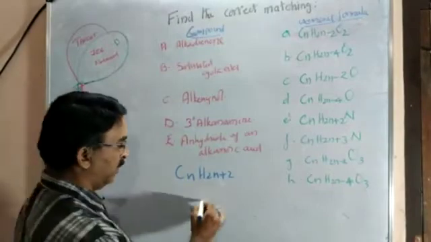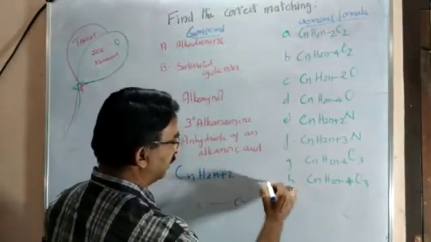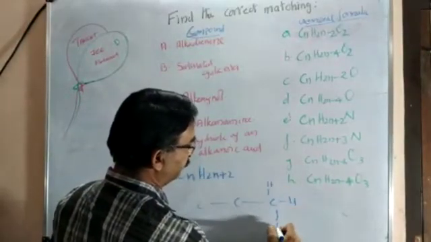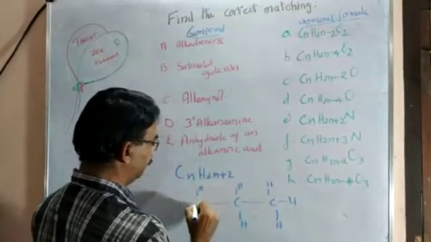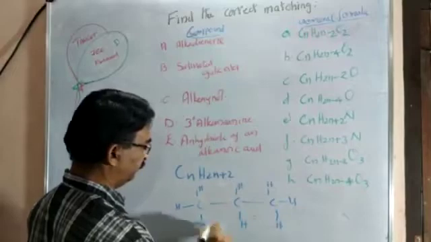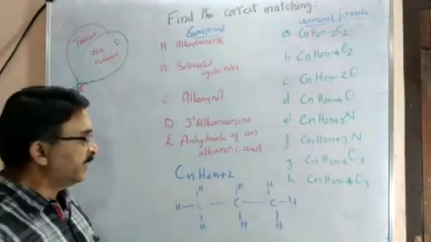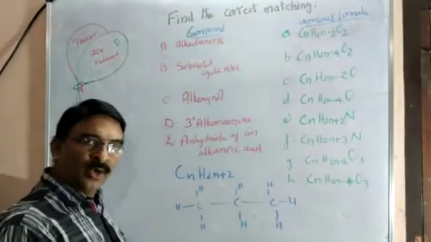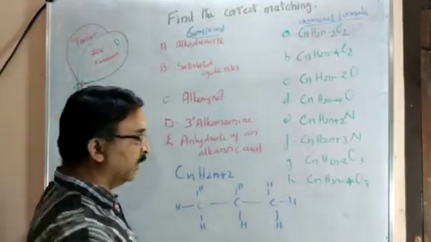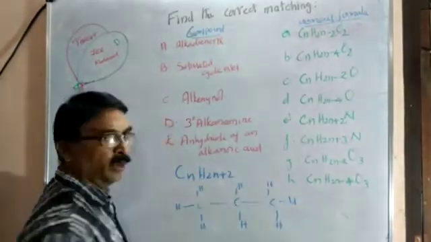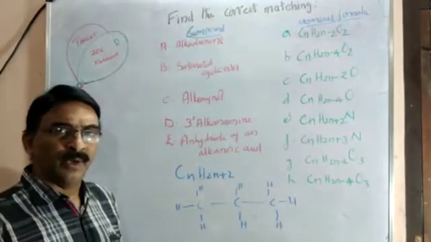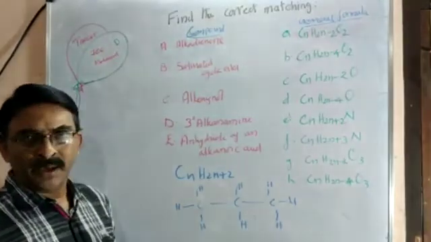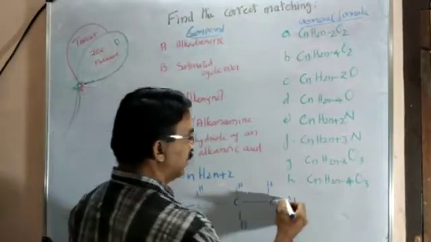Suppose this is a typical alkane, propane. Whenever you insert an oxygen in between any carbon-hydrogen bond, you get an alcohol.